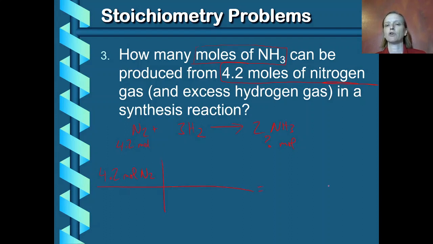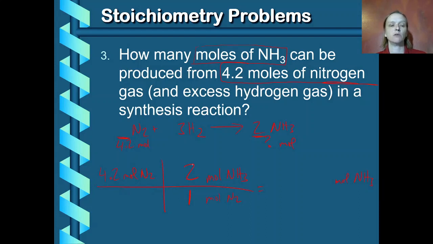And I think about what conversion factor I need to get to moles of nitrogen trihydride. I want to get rid of moles of nitrogen gas and bring in moles of nitrogen trihydride. And to do that, I need those numbers from my balanced equation. 1 mole of nitrogen, 2 moles of nitrogen trihydride.